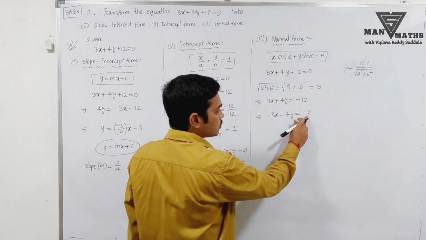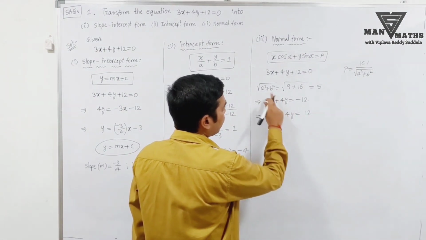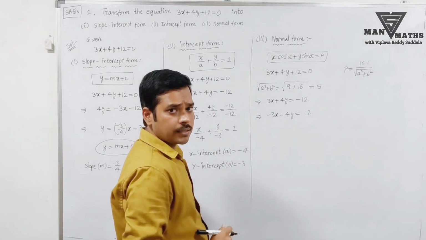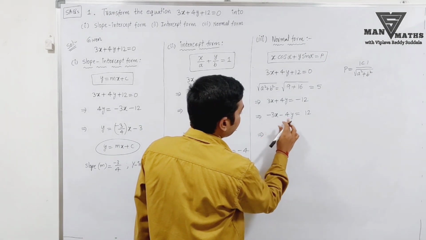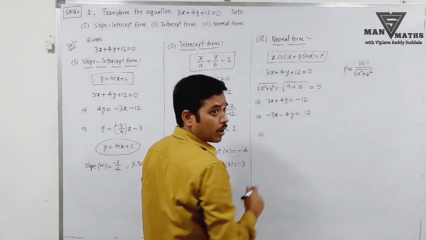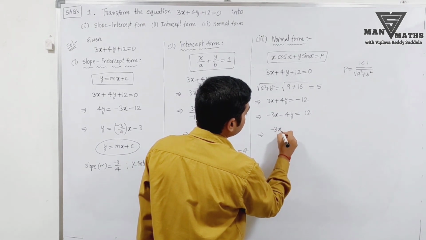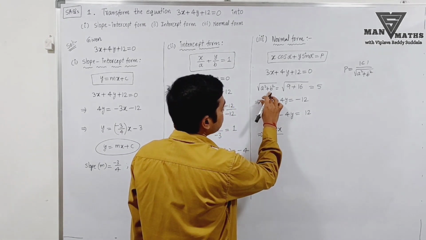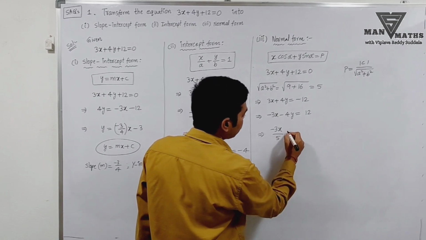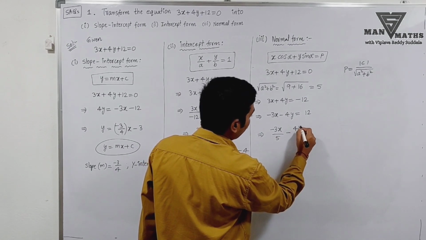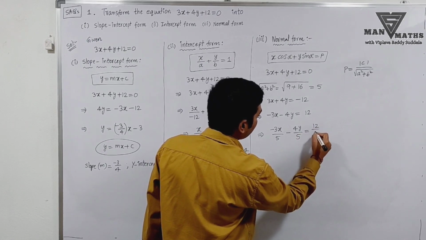After getting the positive term on the right side, divide each term by the square root of a squared plus b squared. What is the square root of a squared plus b squared value? It is 5. So minus 3x by 5 minus 4y by 5 equal to 12 by 5.